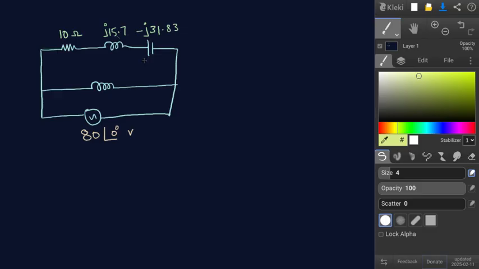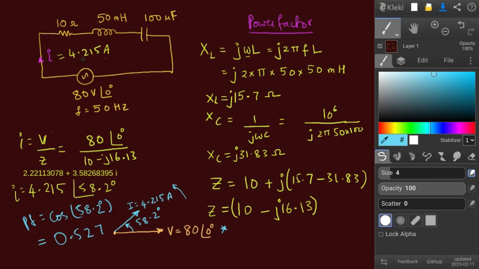Again, you are clear until here, whatever I'm doing. Now, what was the current on this line? Let's call this current I1 now. That was 4.215 at an angle of 58.2.